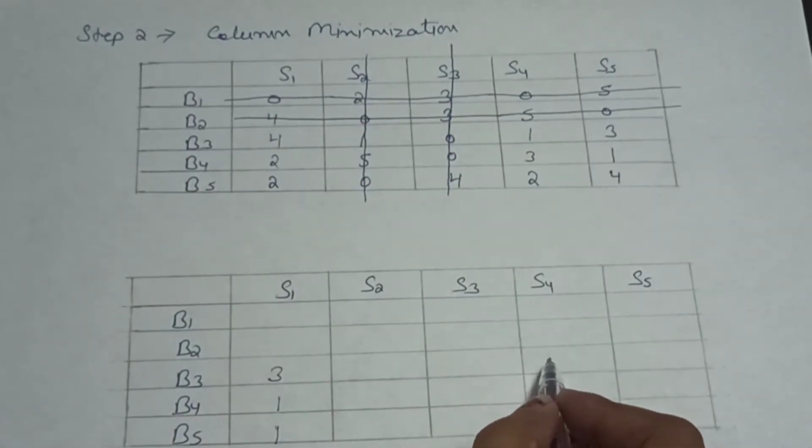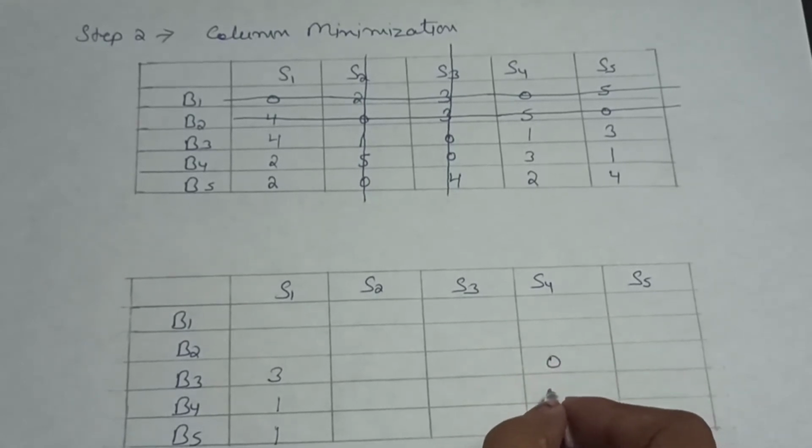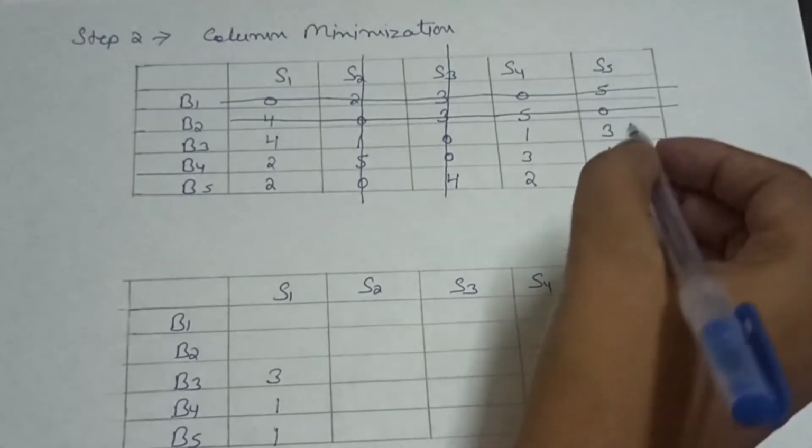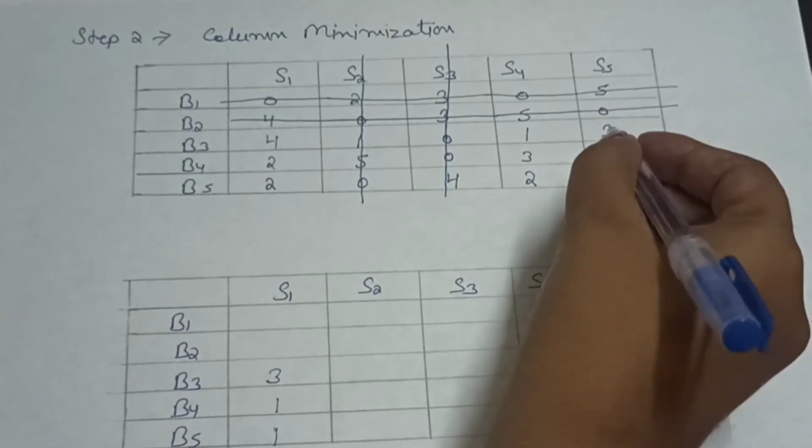So here in the third row and fourth column, 1 minus 1 is equal to 0. 3 minus 1 is equal to 2. 2 minus 1 is equal to 1. Then the fifth column and third row, 3 minus 1.